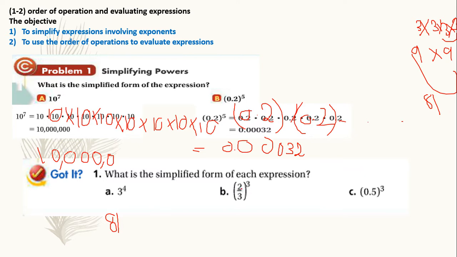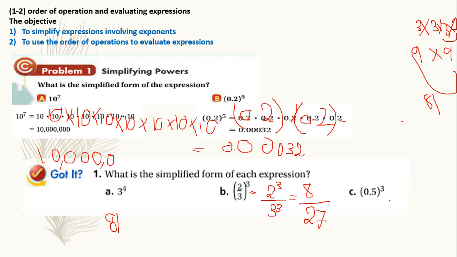Now, if you have 2 over 3 like this, you can distribute the power to say 2 to the power 3 over 3 to the power 3. So the first one, 2 times 2 is 4, 4 times 2 is 8, so the numerator will be 8. In the denominator, 3 to the power 3: 3 times 3 is 9, 9 times 3 is 27, so that is 27.